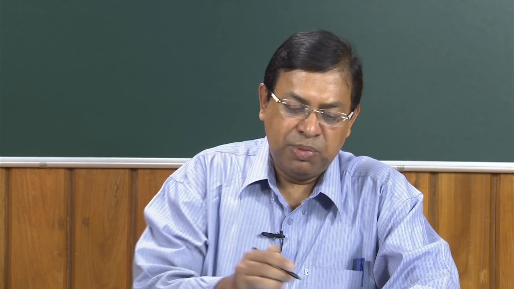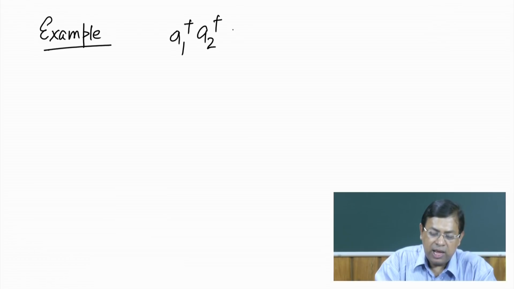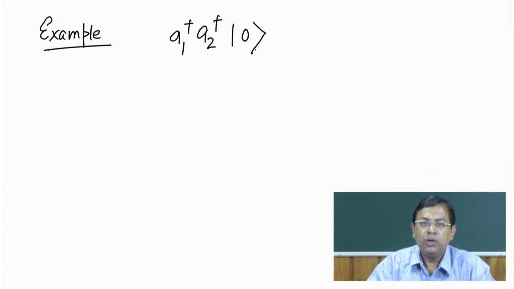So, let us take a simple example, where I can write down a quantum state as A1 dagger, A2 dagger acting on |0>.